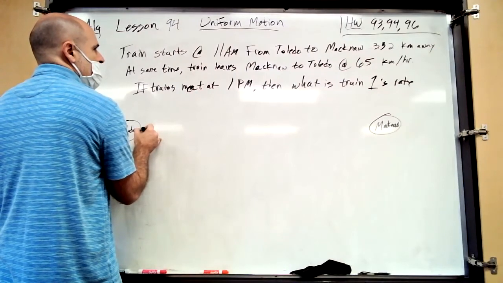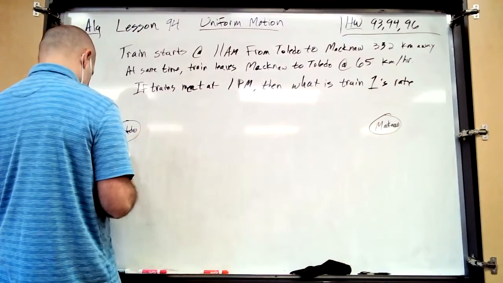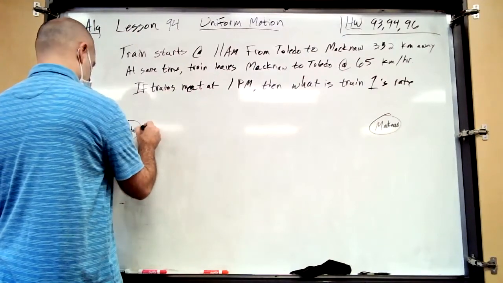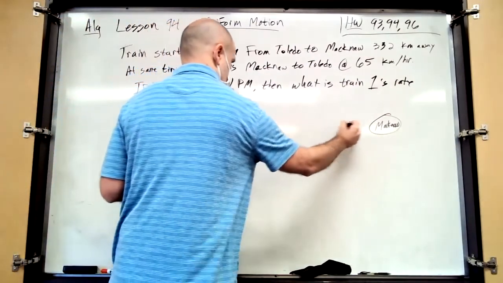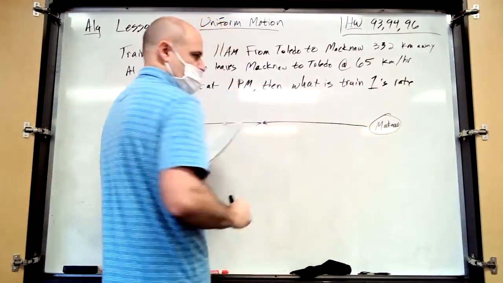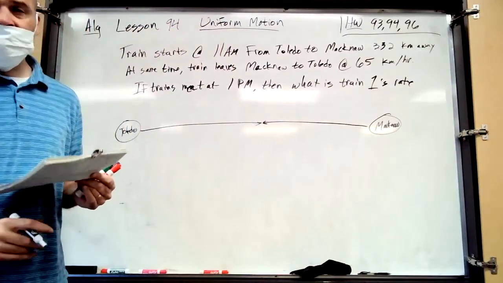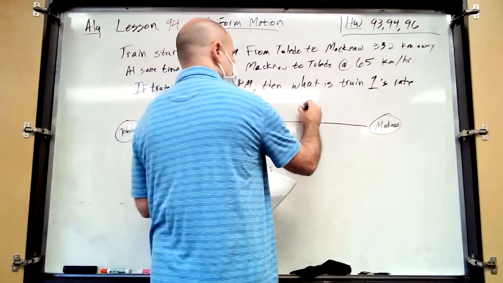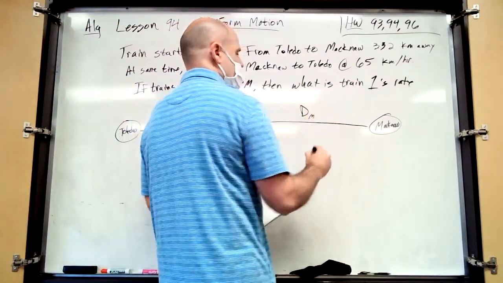Well, one's going 65 kilometers an hour, so we know the rate of Mackinac. Yeah. So basically, this is when they're going to crash and die. Okay. So here's distance of Toledo and distance of Mackinac.